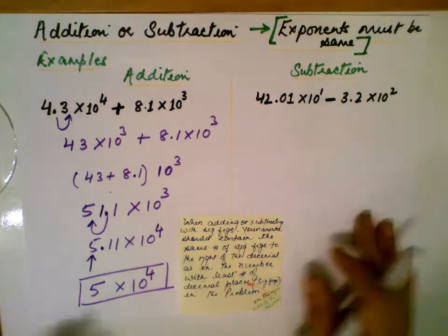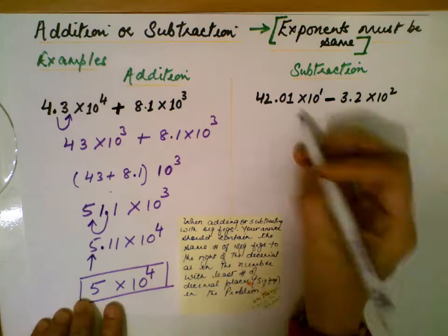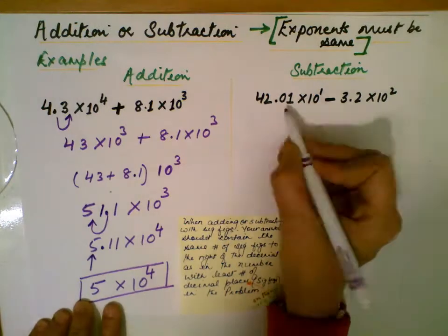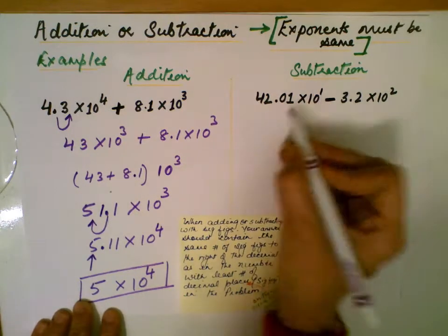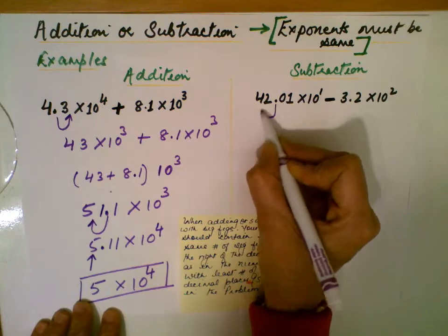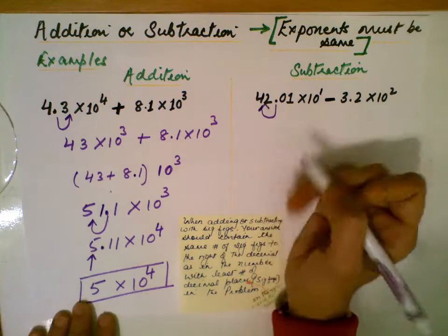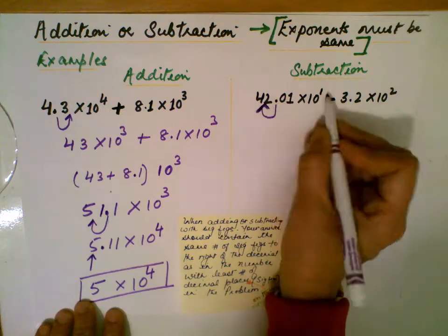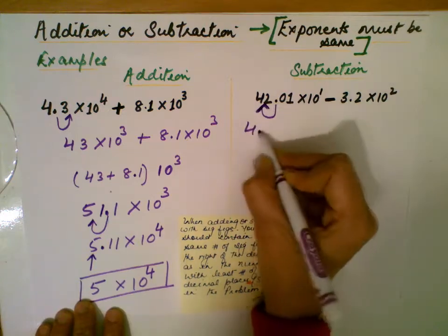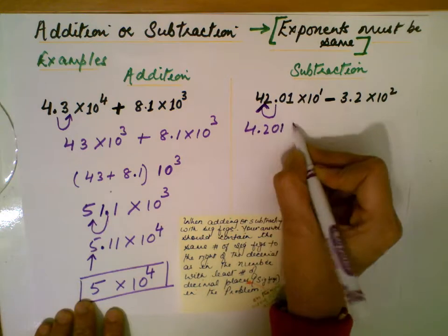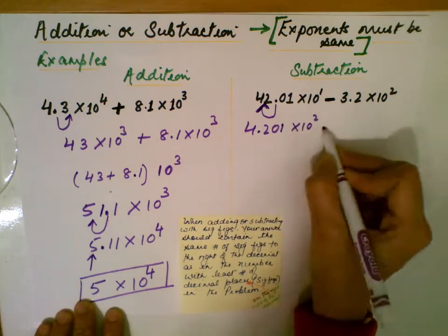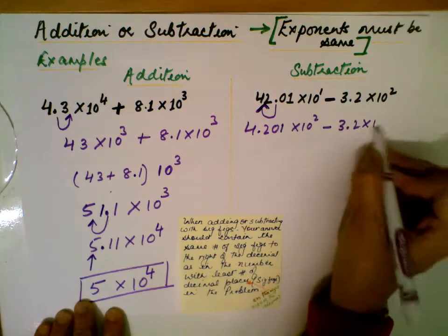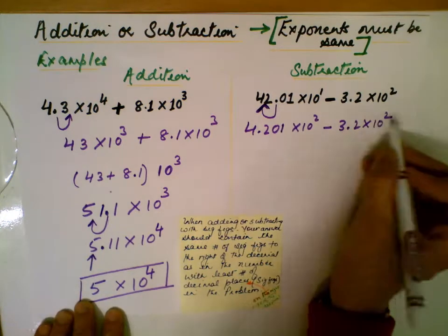All right, now let's do this one. This is 1 and this is 2. So if I have to make it 2, I'm going to move my decimal to the left. When you move your decimal to the left, you add. So you're going to get 4.201 times 10 to power 2. Rest of the things remain the same. You're not making any changes to the right.